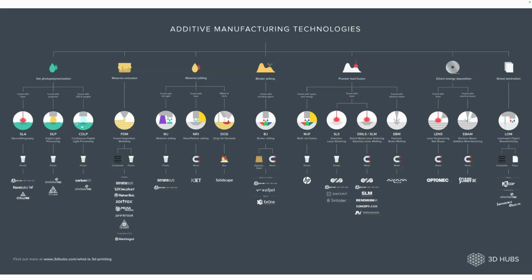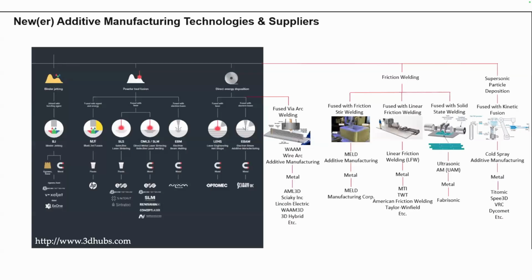But as you know, additive manufacturing is expanding rapidly, and every day new technologies are coming along. I've added a few newer technologies to this slide that are still commercialized for some niche applications, but not as widespread as the other ones. What is the main difference between these new technologies on the right and the ones that are more established and very widely used?